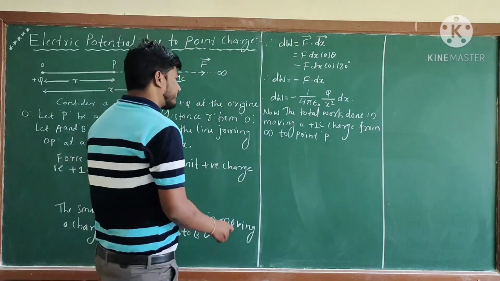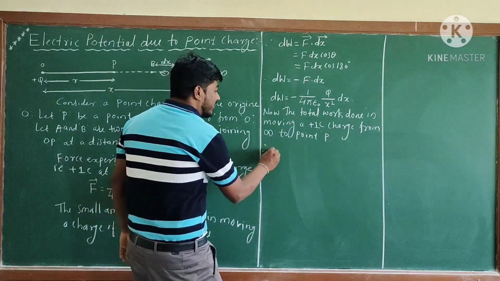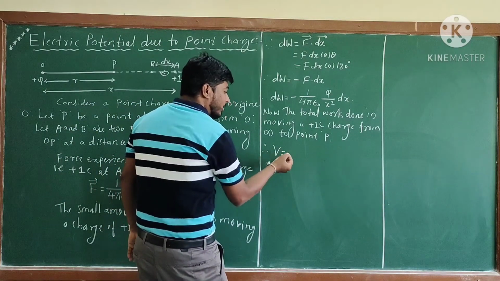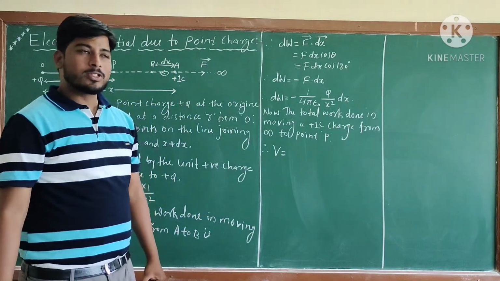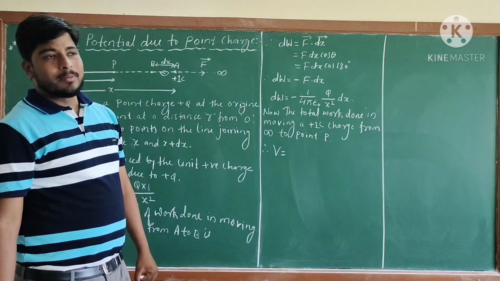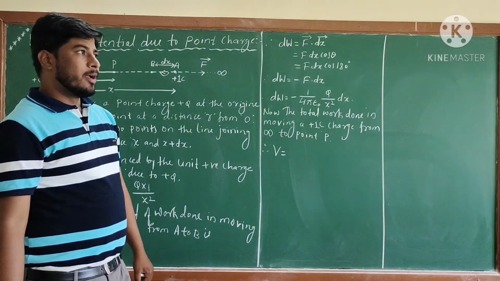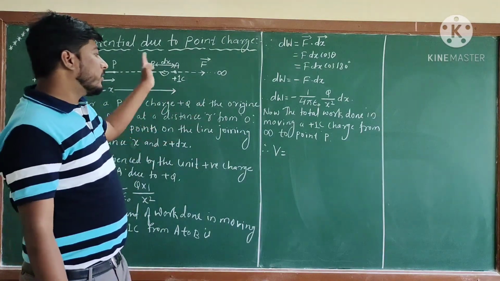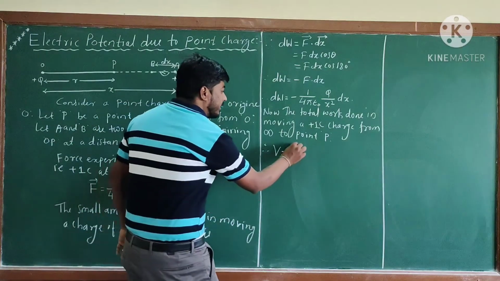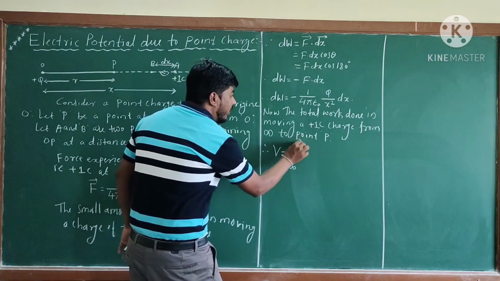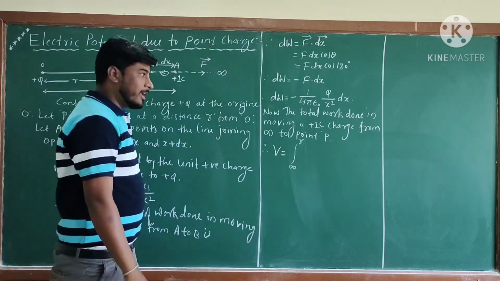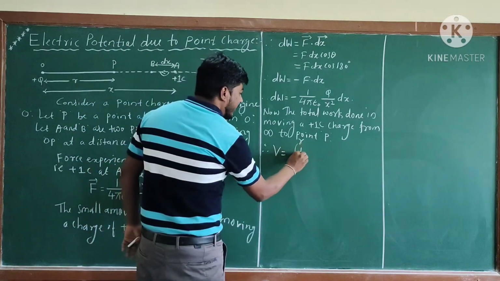Okay. So now electric potential V is equal to, now we apply the integration. I hope you have studied the integration part already. When the work is done from infinity to that point, I write the integral over infinity to r, that is dW.